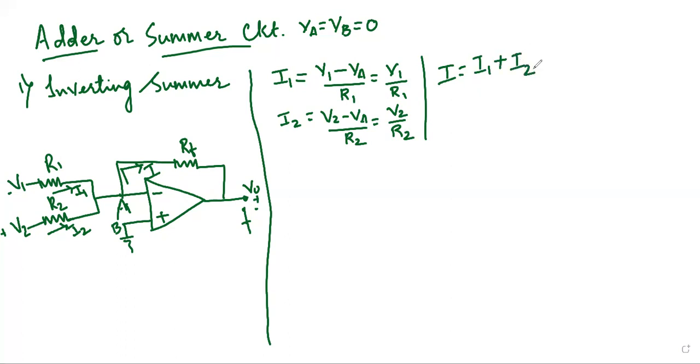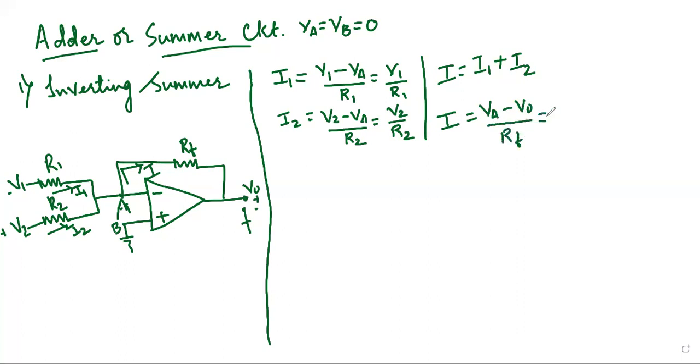The total current is equal to the sum of the individual currents, and the equation for I, which is flowing through the feedback resistance, can be written as VA minus V0 divided by RF.